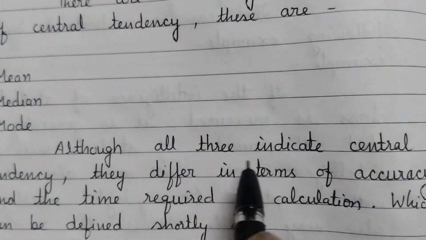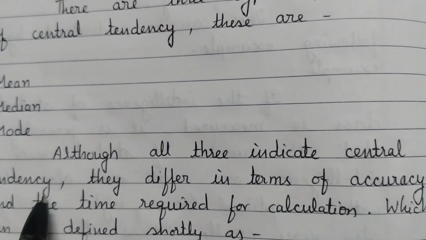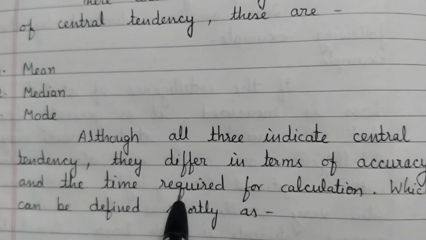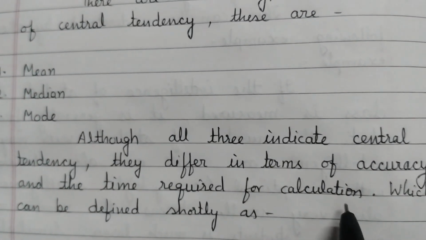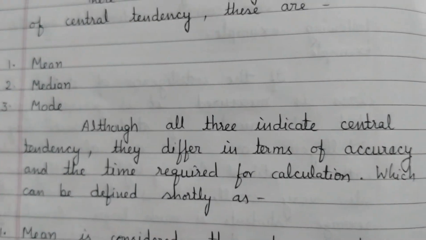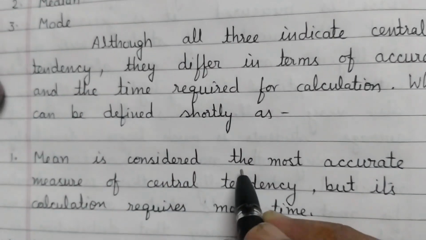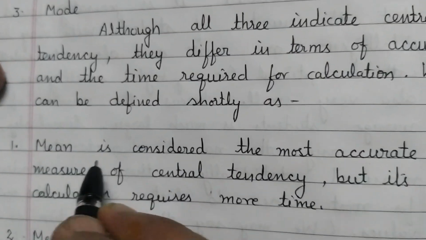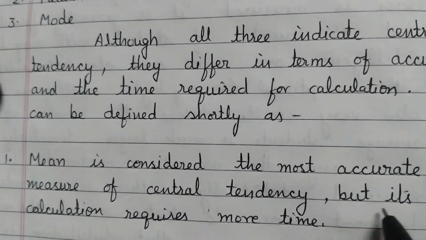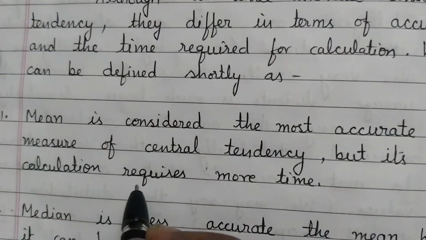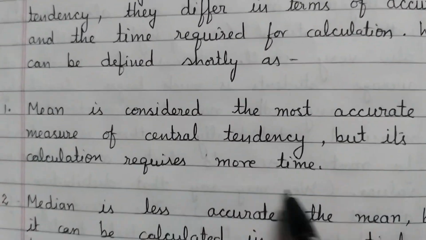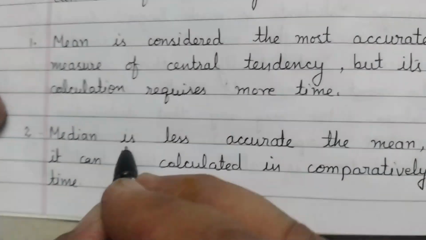Although all three indicate central tendency, they differ in terms of accuracy and the time required for calculation, which can be defined shortly as follows. First, mean is considered the most accurate measure of central tendency, but its calculation requires more time. Second is median.